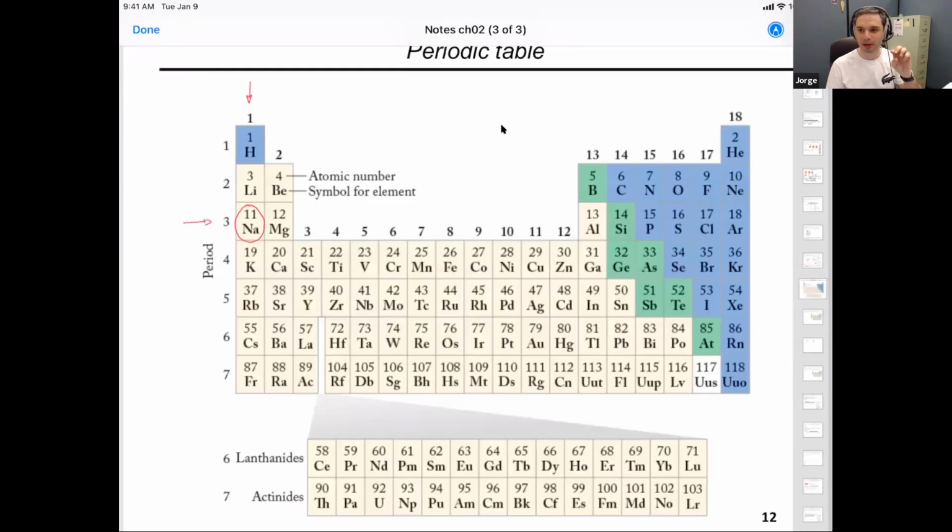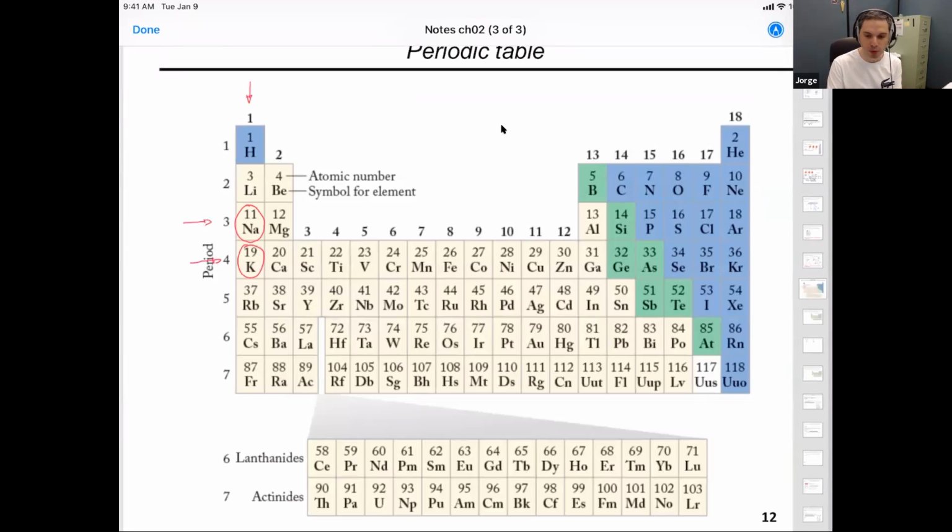Okay? Third row and first column. Potassium is right below sodium, in the fourth row and first column. Okay, fourth row and first column.